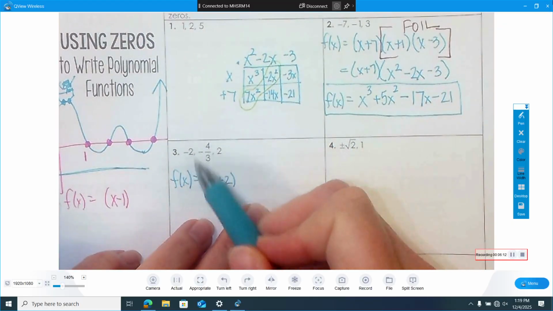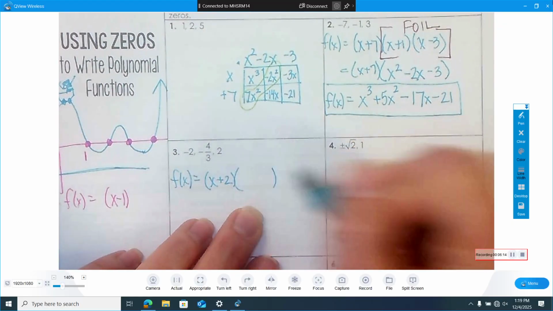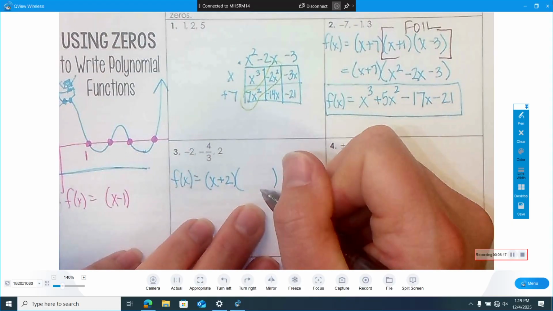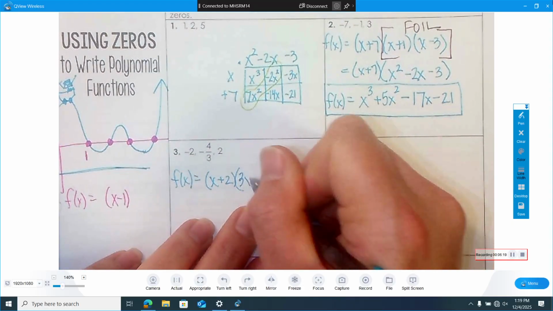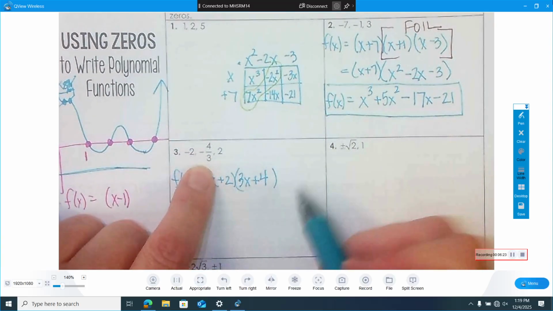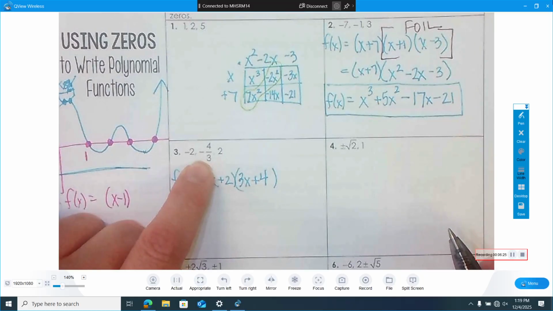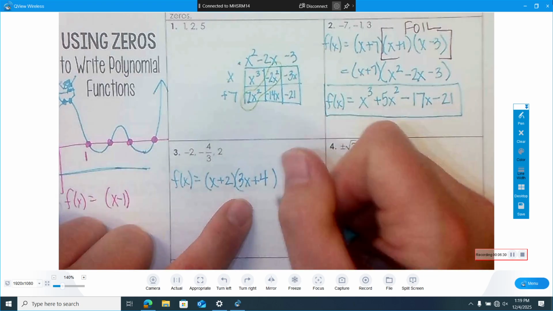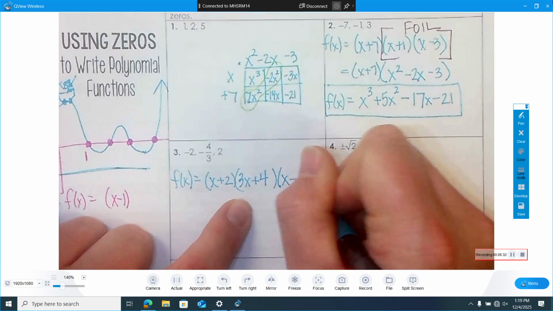What about negative 4/3? What bubble did that come from? 3x plus 4. So I would subtract the 4 and divide by the 3. Are you good with that? All right. And then the last one would be x minus 2.